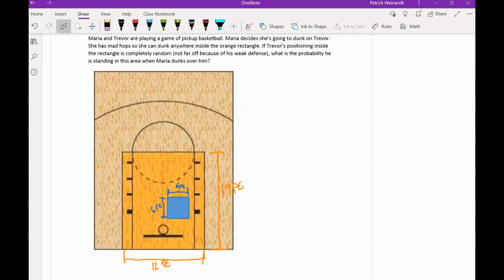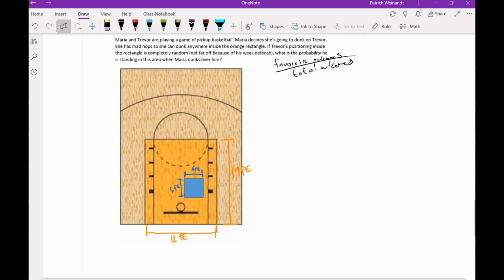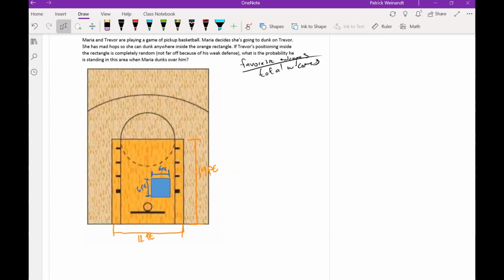If you want to remember the definition of probability, it's just the favorable outcomes over the total outcomes. Our favorable outcome is the blue area, right? And the total outcome is that total orange area.